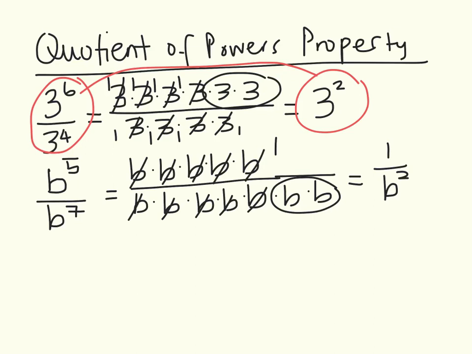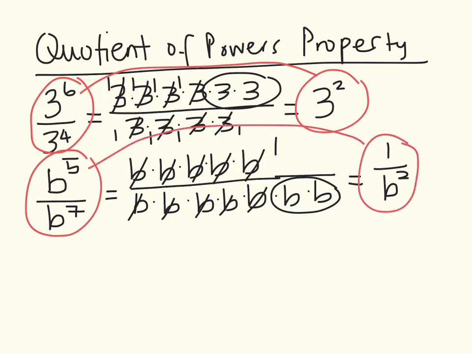And if you have b to the power of 5 divided by b to the power of 7, you have 1 over b squared. So you can see that the 2 is determined by 6 minus 4, and for the second example, this 2 is determined by 7 minus 5.